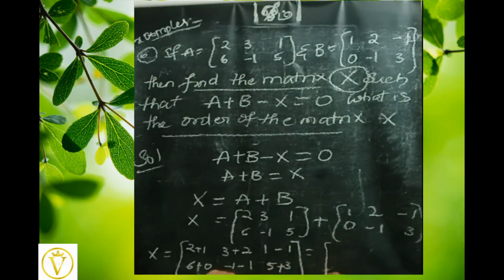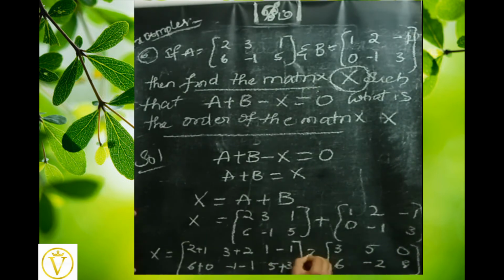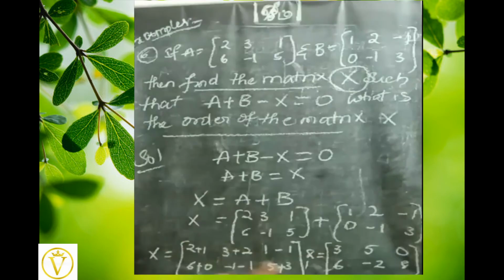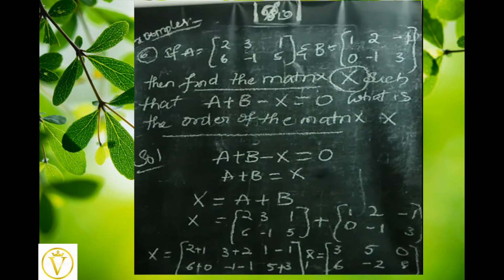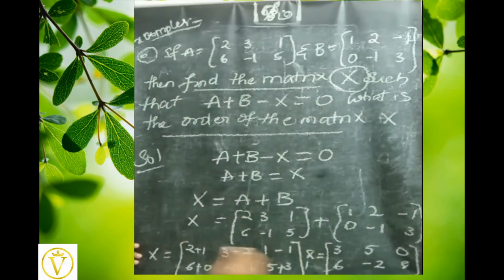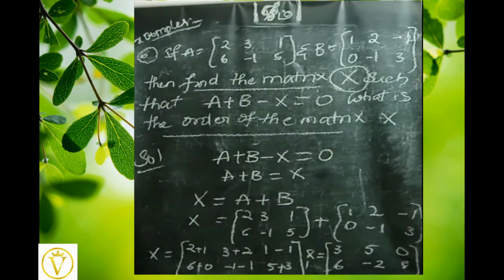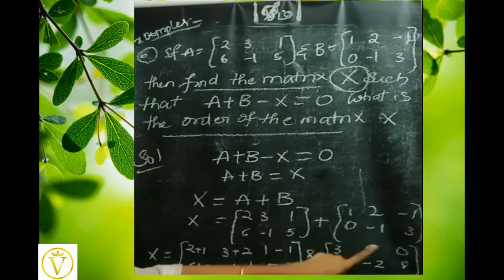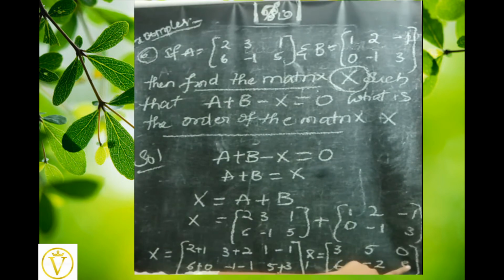So our X value is 3, 5, 0, 6, minus 2, 8. We have found the first thing. For this, they will give 1 mark if they ask for 2 marks. For finding the X value, they will give 1 mark.